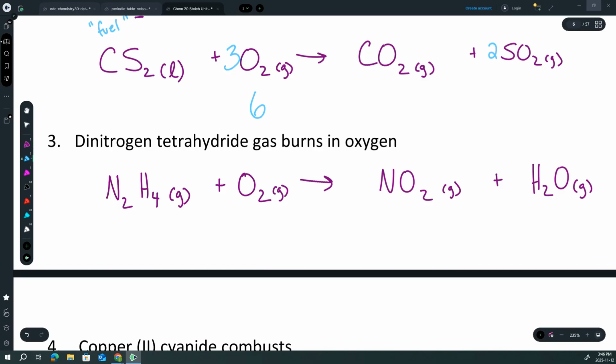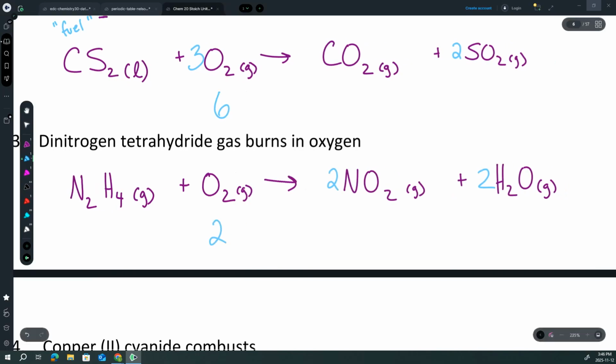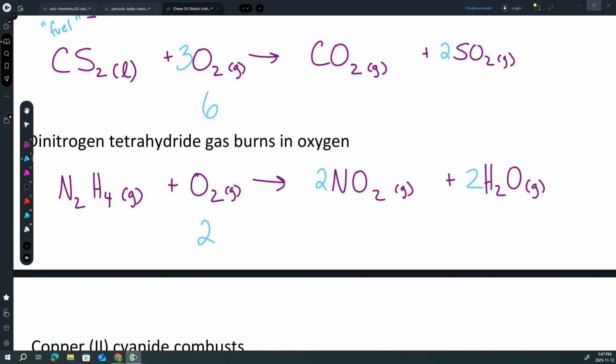to balancing the skeleton equation. So we got 2 nitrogens coming in, 2 coming out. Okay, for hydrogens, 4 coming in, we need 4 coming out. Now for oxygens, right now we have 2 on the reactant side. For the product side, we have 2 times 2, so that's 4 from here, and then 2 times 1 from here, so that's going to be 2.